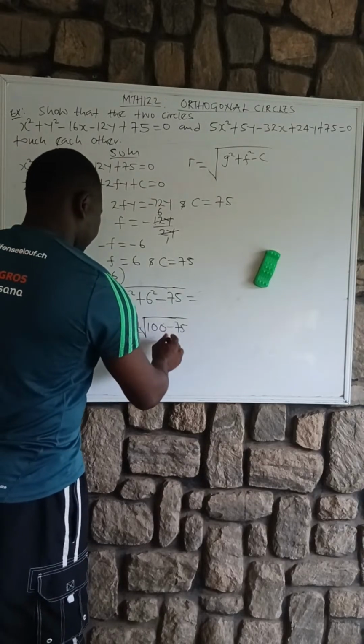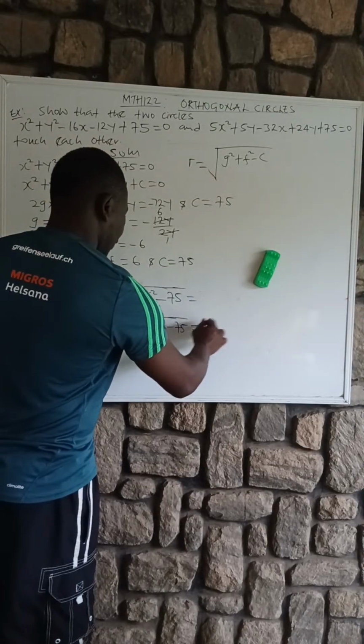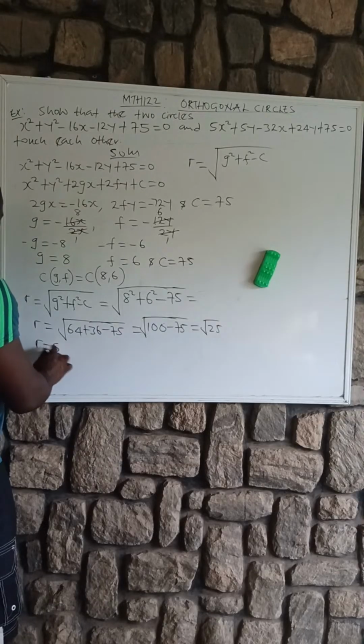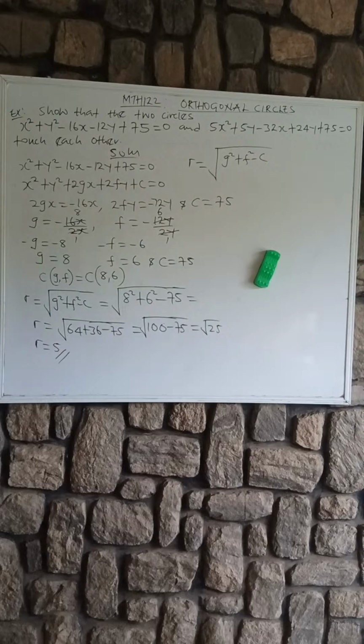This is 100, right? Then this is equal to the square root of 25. Then our R is equal to 5. Amen? Are you following? Do you understand? Okay. So far, so good.